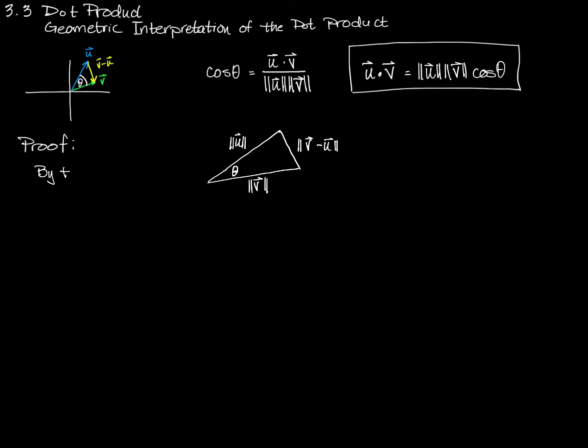I'm going to use something that I hope you remember from trigonometry called the law of cosines. I'll write that down over here to the side, and then I'll erase it later, but I want to establish and remind you what it is. It says that the third side of a triangle squared, that length, is equal to the sum of the squares of the other two sides minus twice the product of the lengths of the two sides times the cosine of the angle.